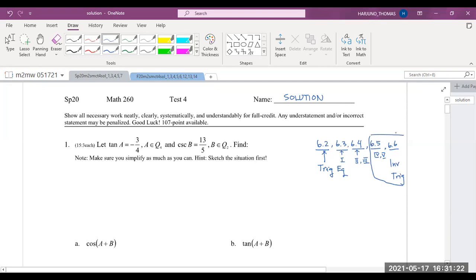And then 7.1, 7.2, that's law of sines and cosines. And 9.2 to 9.5, as I remember.